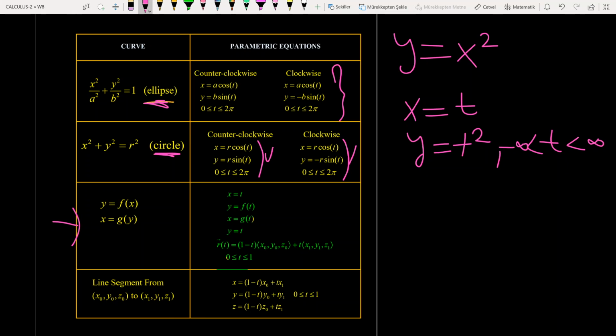So let's consider the unit circle again, x squared plus y squared is equal to 1.